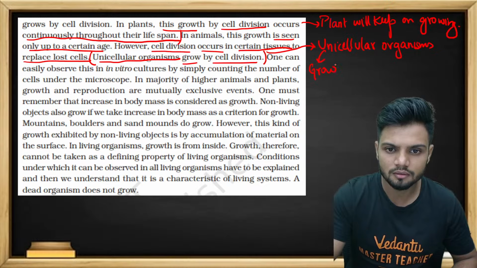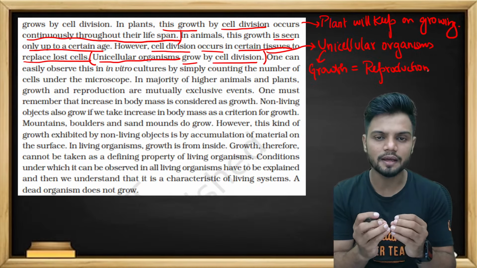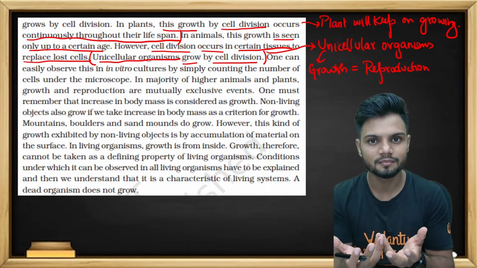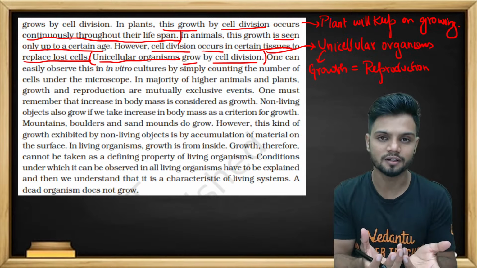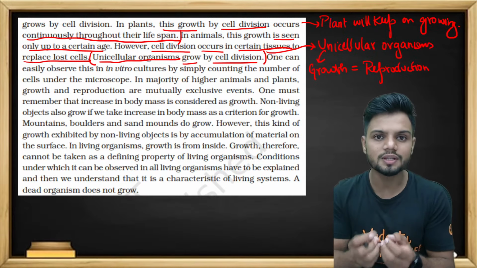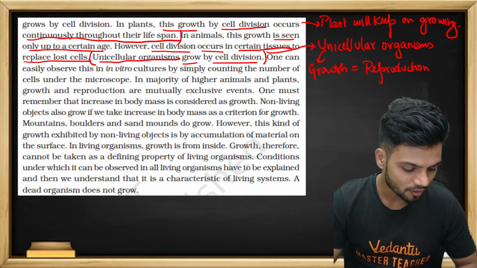Growth equals reproduction. Every single time a microbe is growing, it is reproducing. Every single time a unicellular organism is reproducing, it is growing. So growth and reproduction are the same. The meaning is the same in the case of unicellular organisms.